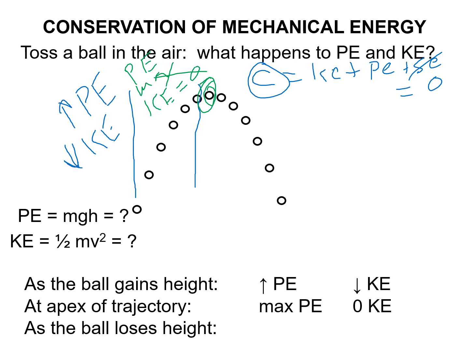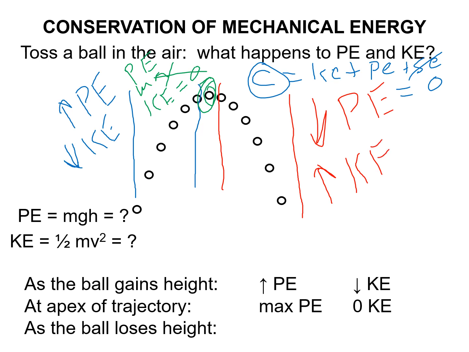Then it begins to fall, and we'll say this third right here. During this third, it's losing height, so we're going to see a decrease in potential energy. But as it's falling, it is building velocity. Its velocity is increasing, so we're going to see an increase in kinetic energy.